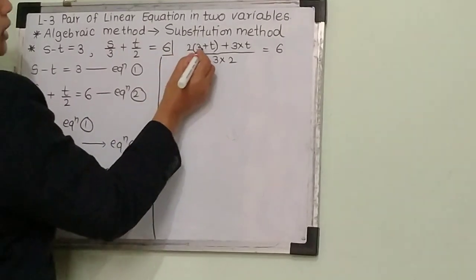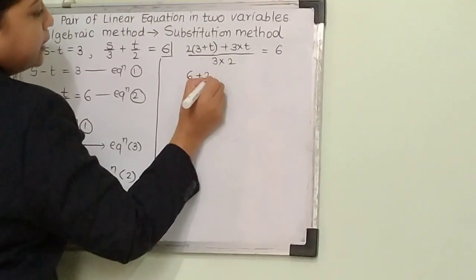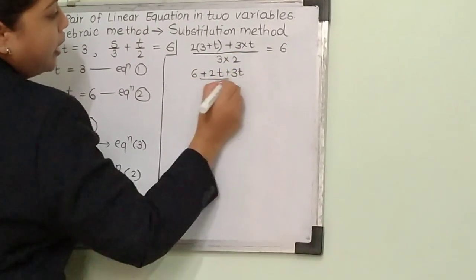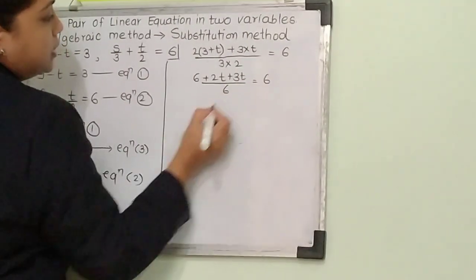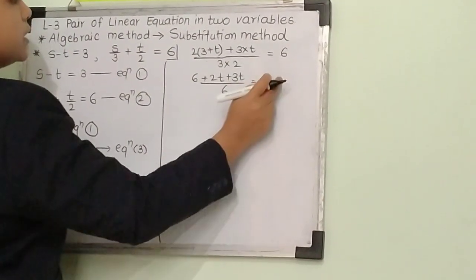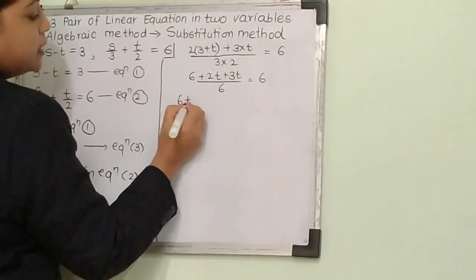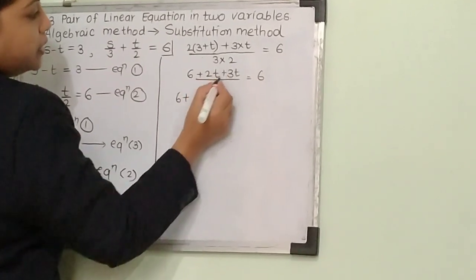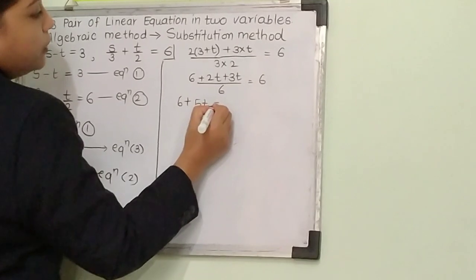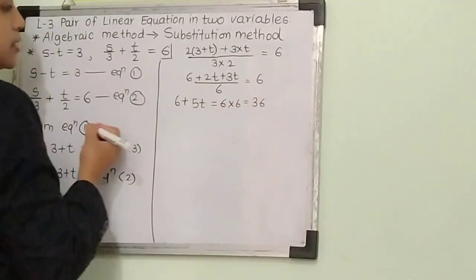So here we get 2 3s are 6 plus 2 into t, that is 2t, plus 3 into t, 3t, upon 6 equals 6. Now this 6 goes to this side, the division becomes multiplication. So here we can write 6 plus 2t plus 3t, that is 5t, equals 6 into 6, that is 36.